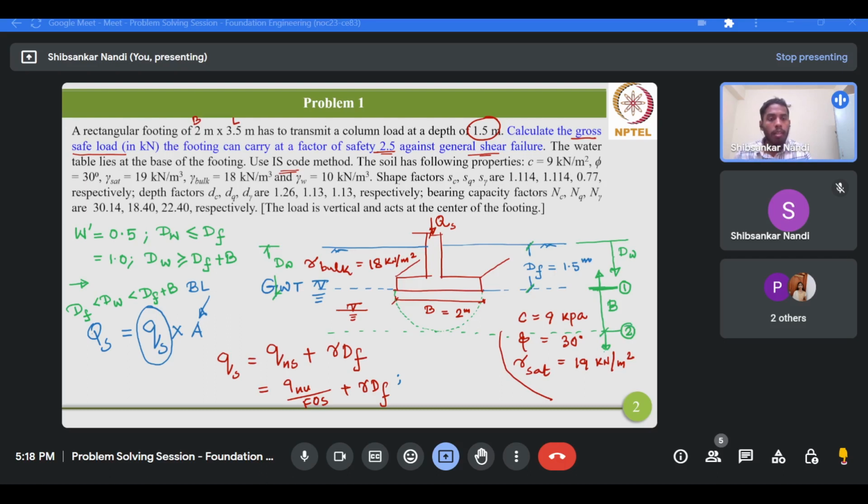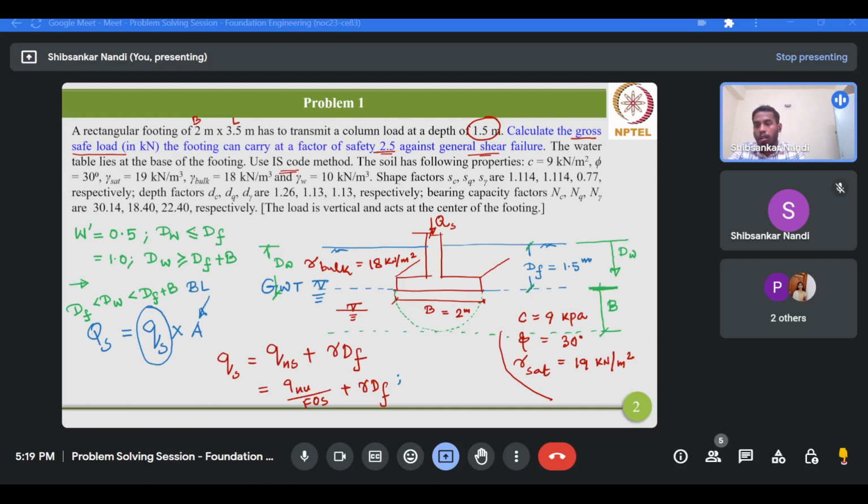The arrow indicates the range of the possible location of the water table. And this is scenario 3, that is in between 1 and 2. In this way you can encounter the water table inside the soil mass.